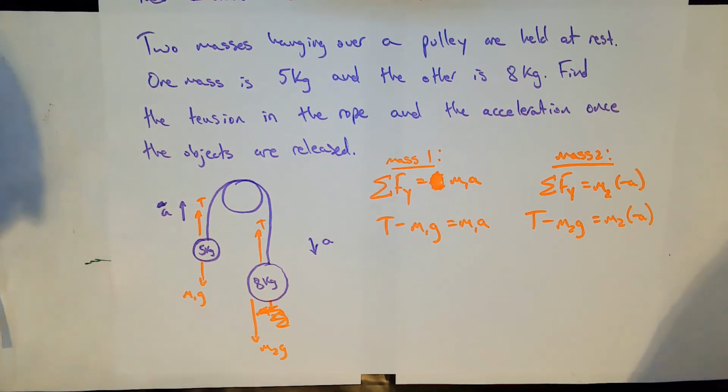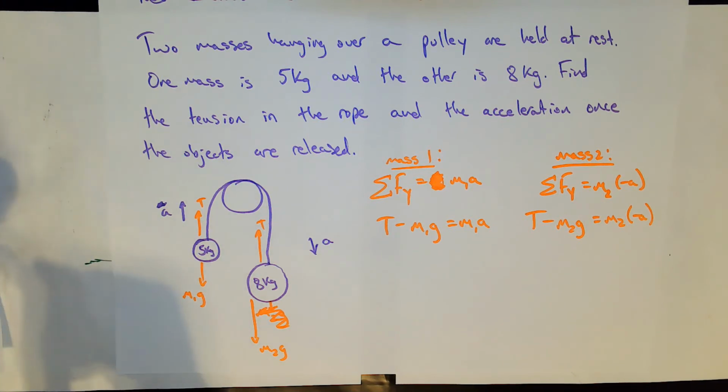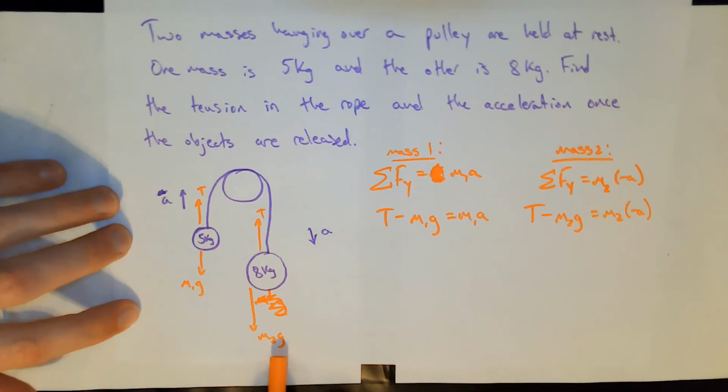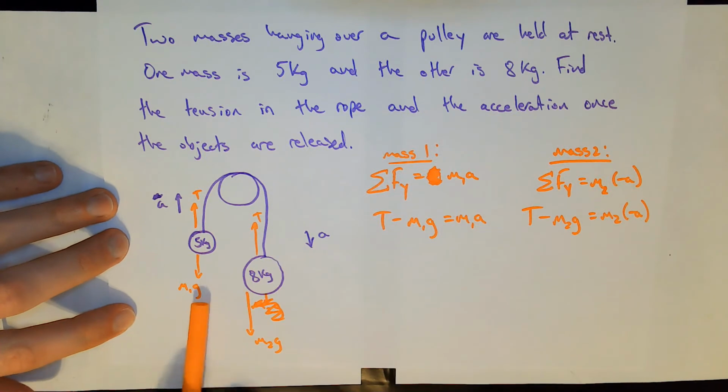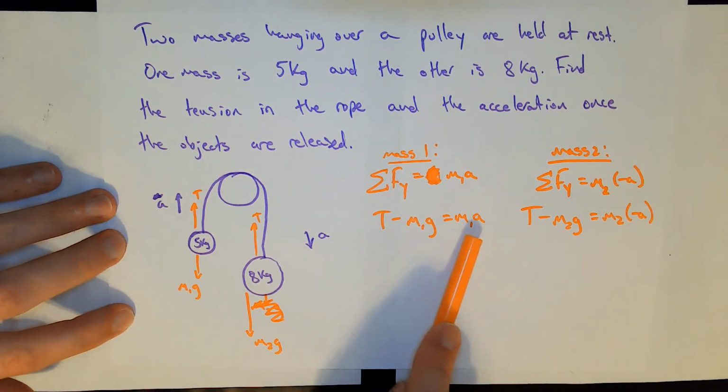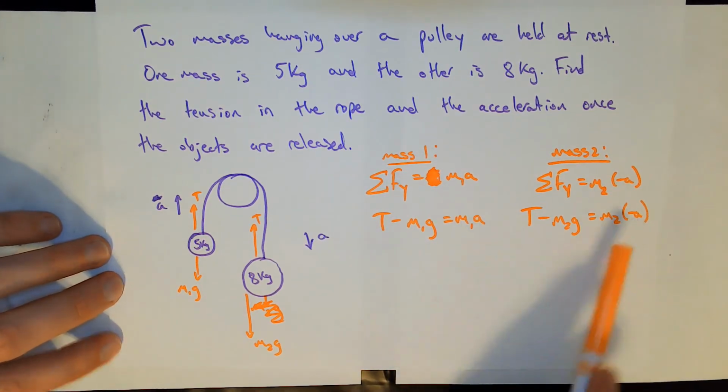So when the object is falling, the acceleration is negative. This object is being lifted, so its acceleration is positive, but they are equal in magnitude.